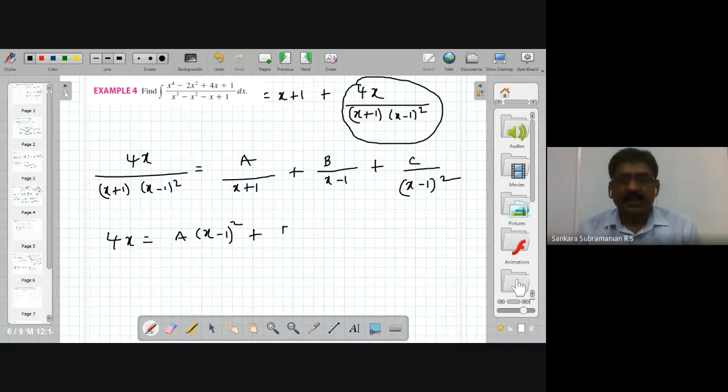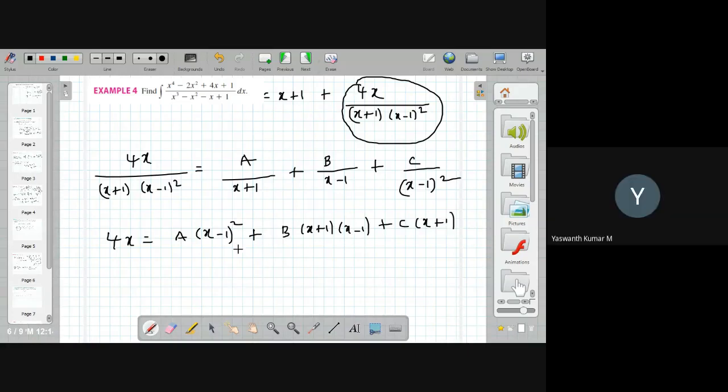Second term, x minus 1 gets cancelled, so you get B into x+1 into x minus 1. And in the last term, x minus 1 whole square gets cancelled, so you are left with C into x+1.